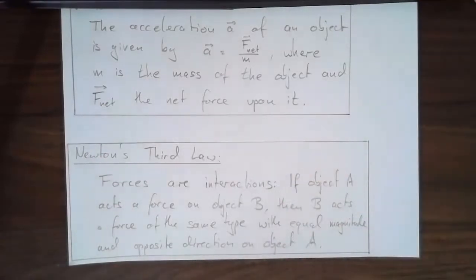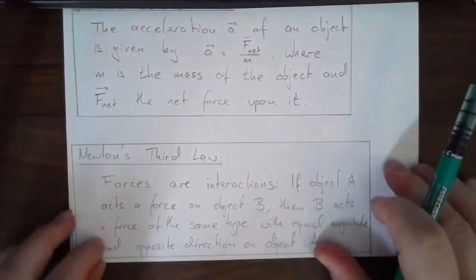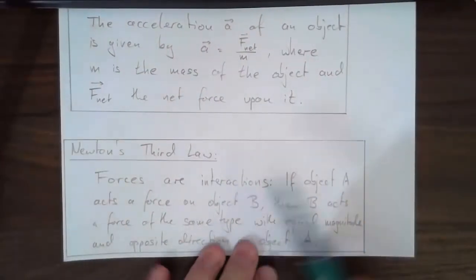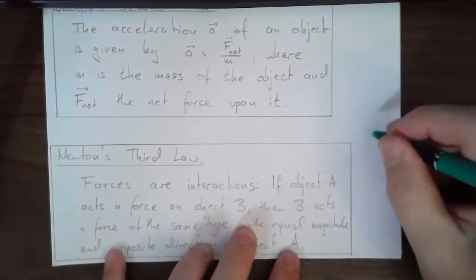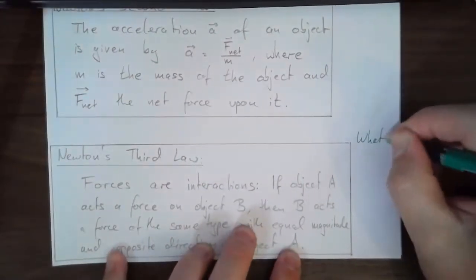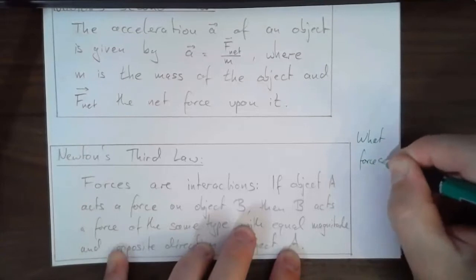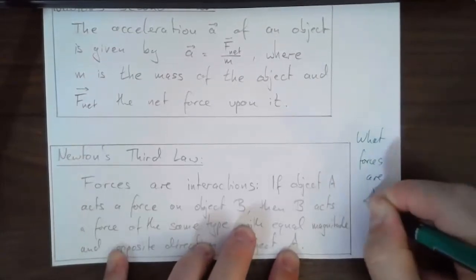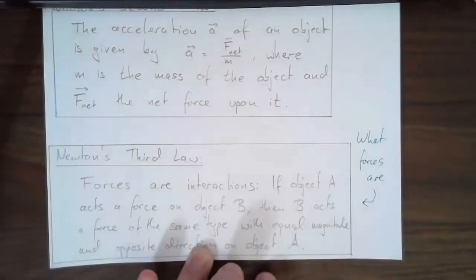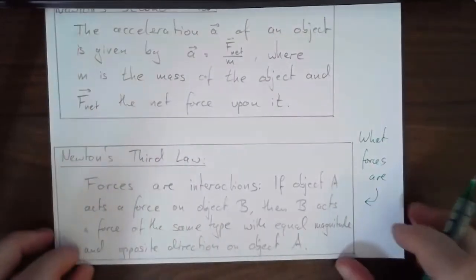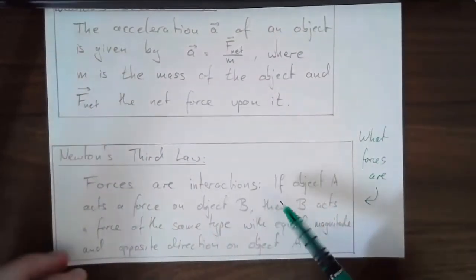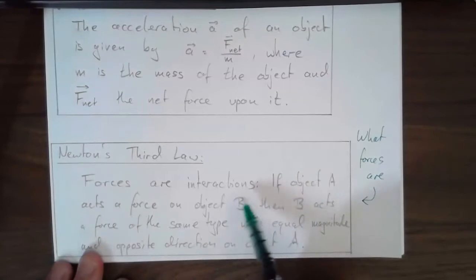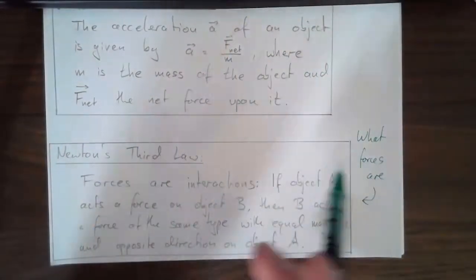Which we talked about already, although we're going to do another example or two in a bit. So Newton's third law tells us really what forces are. That is the key of Newton's third law, although of course in practice when we apply it, we worry about B on A and A on B.